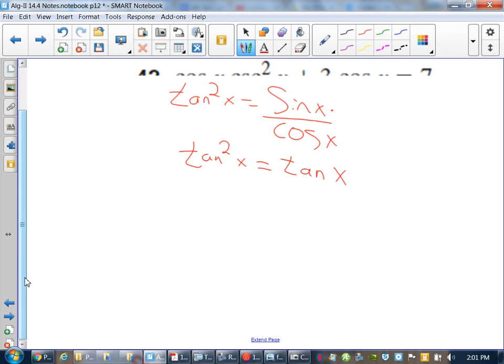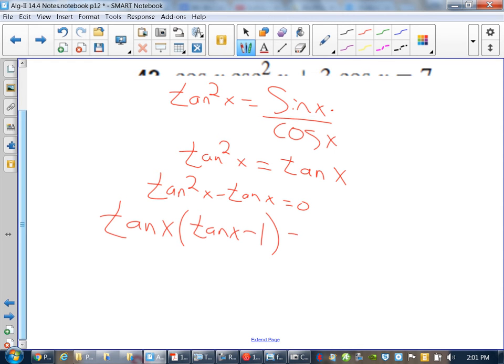So here I can't just divide out, because if I divide out it equals 1. I need to set it equal to 0, which means I subtract. And what's your first rule of factoring? Factor that out. So you're asking yourself 2 separate questions.